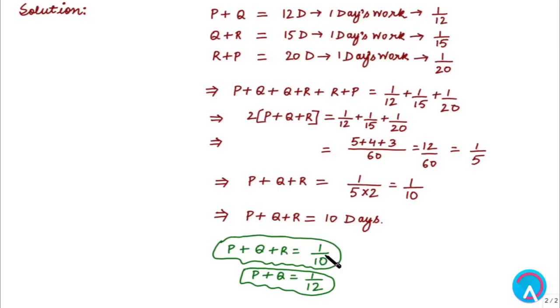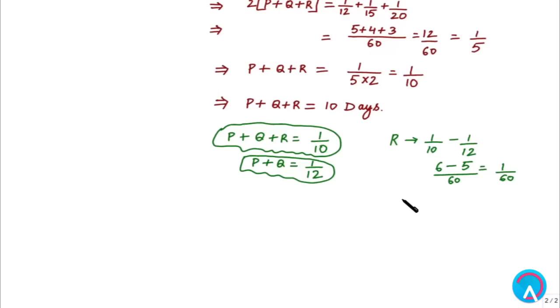So if from 1 by 10 we subtract 1 by 12, we'll get 1 day's work of R. So R's 1 day work will be 1 by 10 minus 1 by 12. Taking the LCM as 60, this becomes 6 minus 5 is equal to 1 by 60. So this means that R can finish in 1 day 1/60th of the work. So that would imply that R alone, that means if he's working alone, will finish the complete piece of work in 60 days.